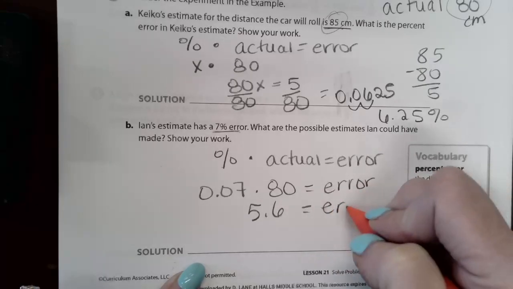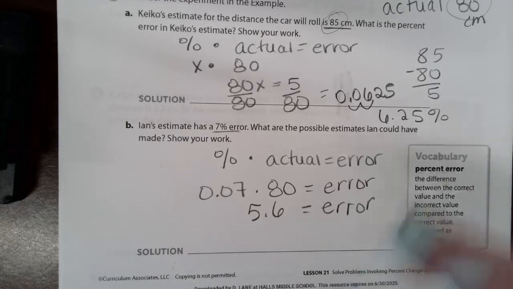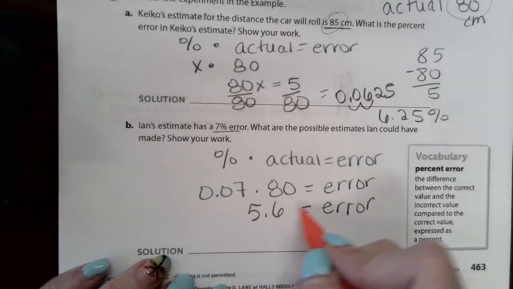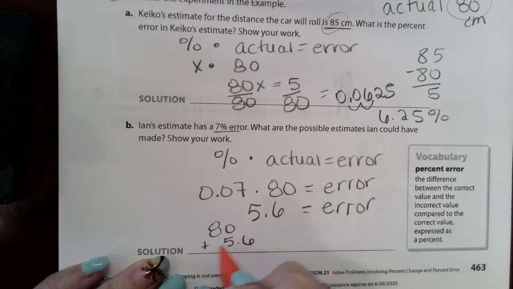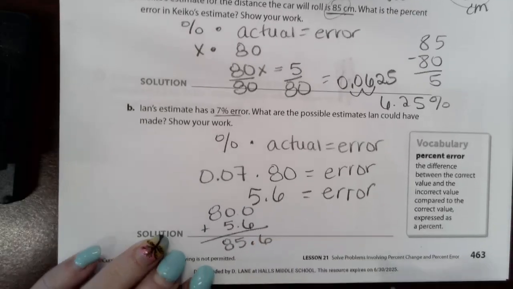Now this is not a percentage. This is the amount that Ian was off. And remember, you can be off either above the actual or below the actual. So that means he's got 2 choices that this can actually be. If he did the over, he would do 80 plus 5.6, which gives us 85.6.